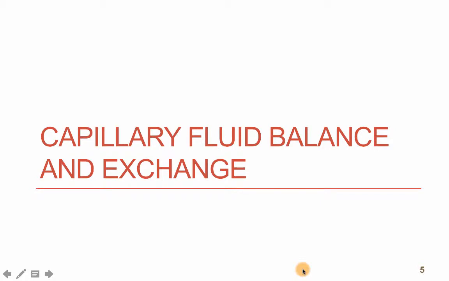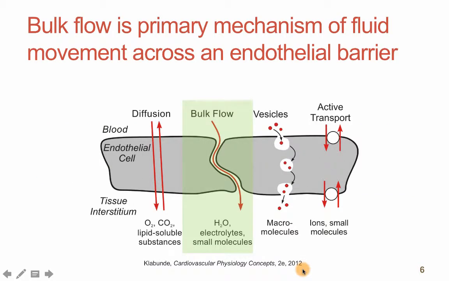Let's now look at the topic of capillary fluid balance and exchange. As I indicated to you, continuous capillaries or the fenestrated capillaries have channels that permit water and electrolytes to pass through this capillary barrier.